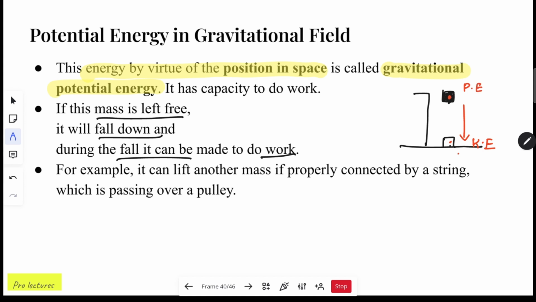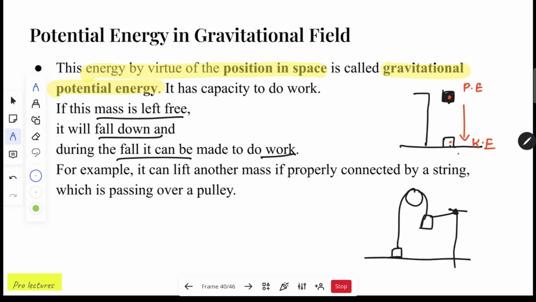Like if you see, there is a spring here, and a mass here connected to some stand, with another mass here, so it's like a pulley system. Now what happens when you release this string?